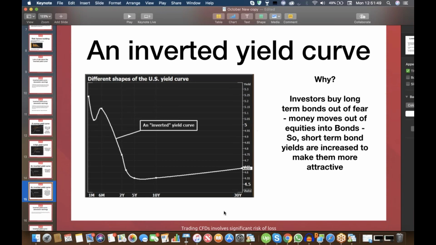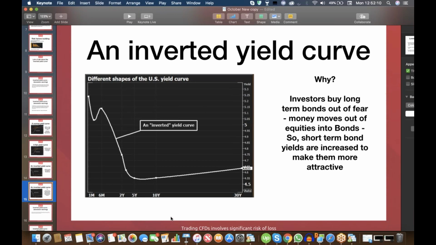So there's this big demand for long-term bonds. The government then makes short-term bond yields higher to make them more attractive, because people aren't interested in the short-term bonds. So a higher interest rate is given for the short-term bonds.